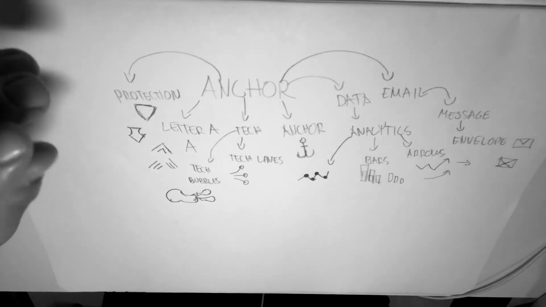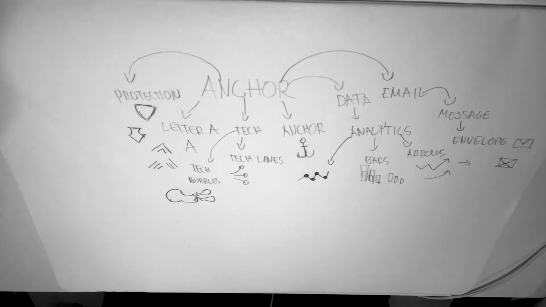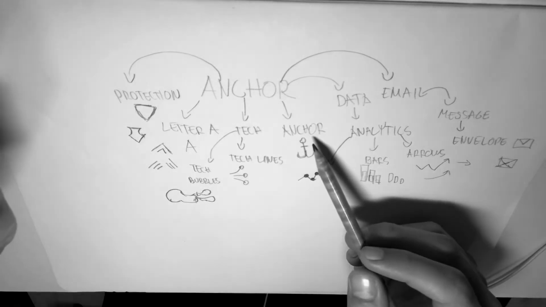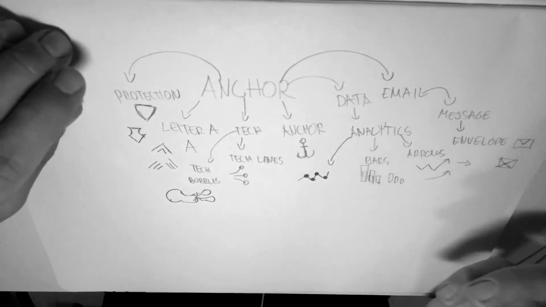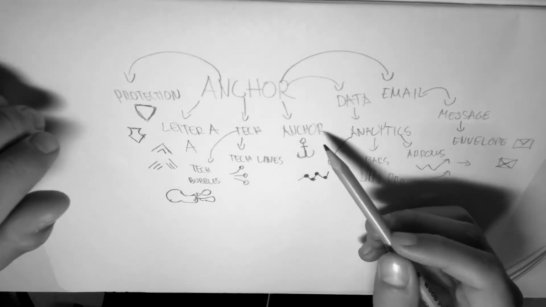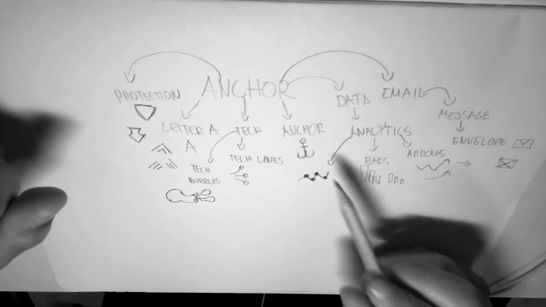And now from here we're basically going to generate some ideas from the mind mapping that we did. My first initial idea is to combine the anchor with an envelope.